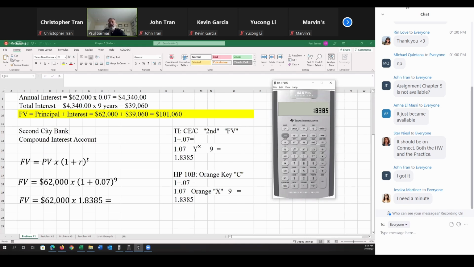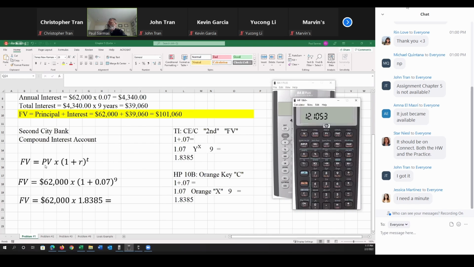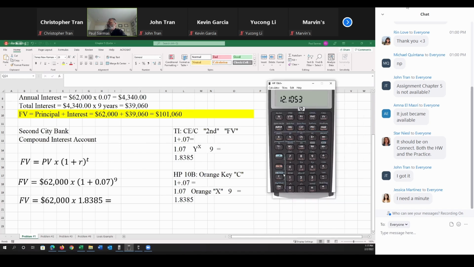Okay, let me show you with HP. Let me put it here on top of this. You do the same thing, 1 plus 0.07, the interest rate, equal 1.07. The Y to the X key is, look at my cursor, right in orange letters on the X key.